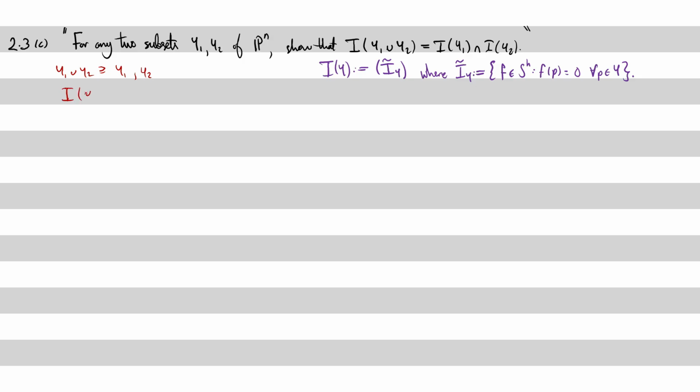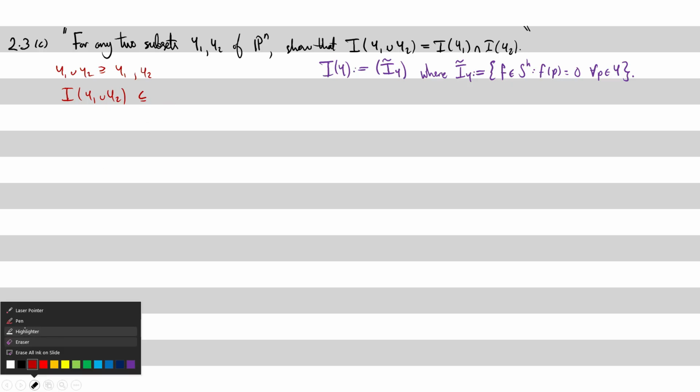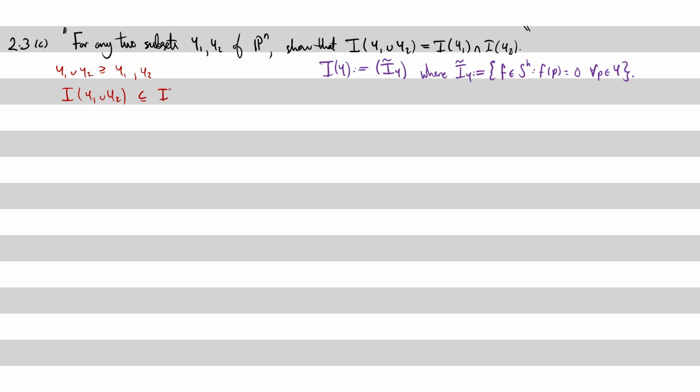Therefore, the ideal generated by Y1 union Y2 is a subset of the ideal generated by Y1 and the ideal generated by Y2. Therefore, the ideal generated by Y1 union Y2 is a subset of the ideal generated by Y1 intersect the ideal generated by Y2.